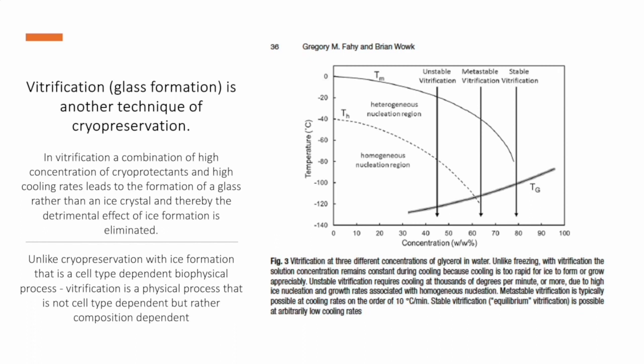Vitrification is a process in which the solution viscosity is increased to values in which the fluidity of this glass is so low that any perceptible changes do not occur in the time scale of our life.